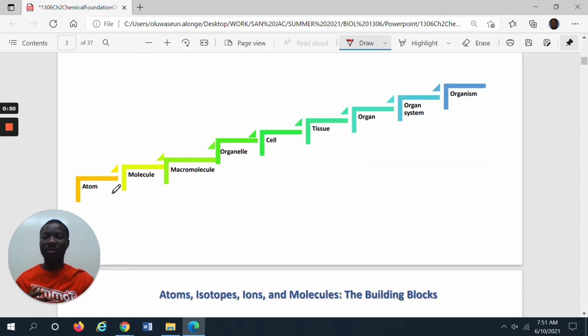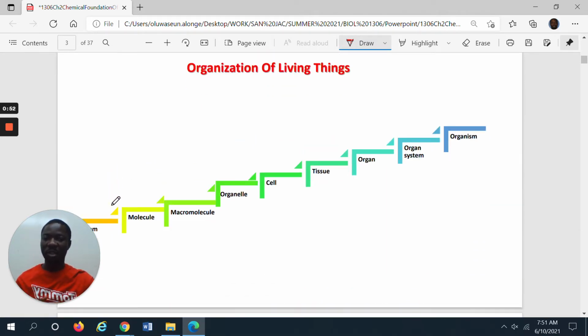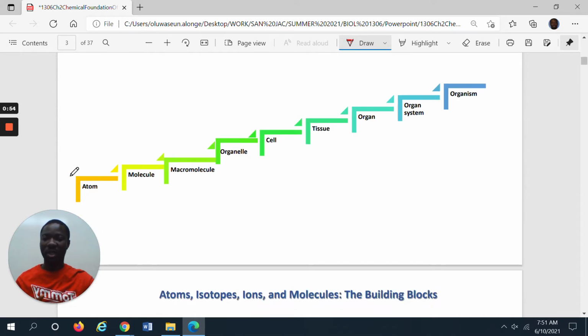Now, organization of living things starts from atom, it goes to molecule, it goes to macromolecules. When you talk of molecules, you are talking about elements that are formed together: chlorine molecule, hydrogen molecule, helium molecule, lithium molecules.